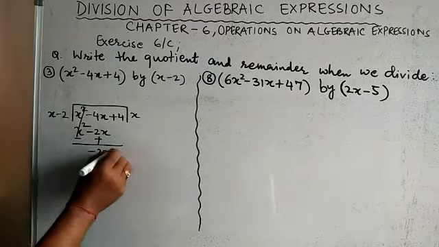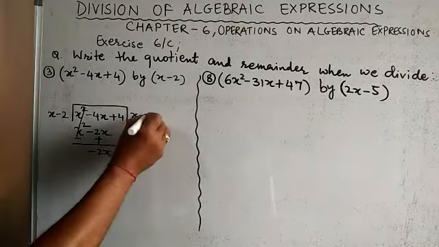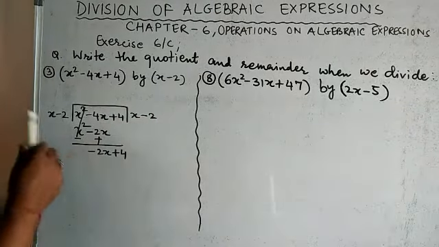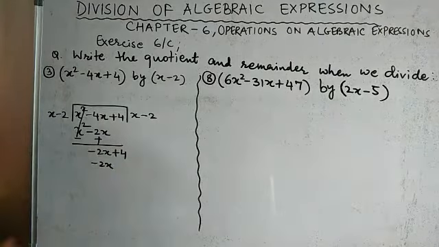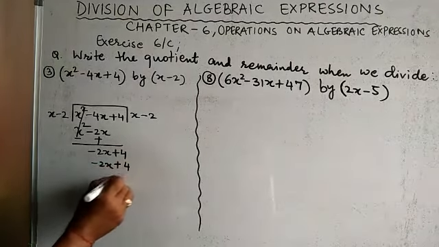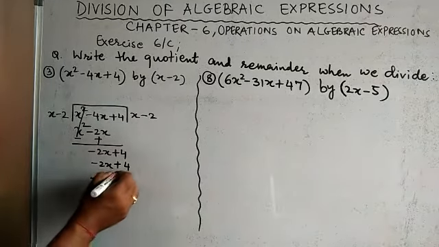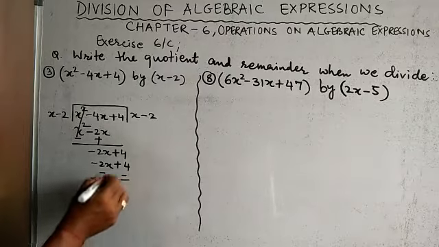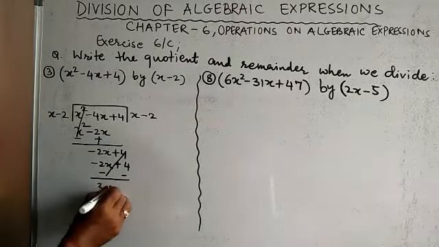Minus 2x plus 4 now becomes the dividend. Now minus 2 multiplied to x gives minus 2x, and minus 2 multiplied to minus 2 gives plus 4. Again we have to change the sign of this bottom expression so that the remainder becomes 0.